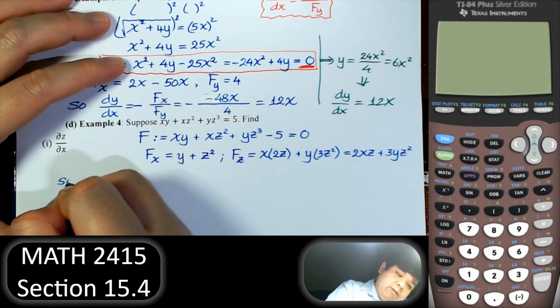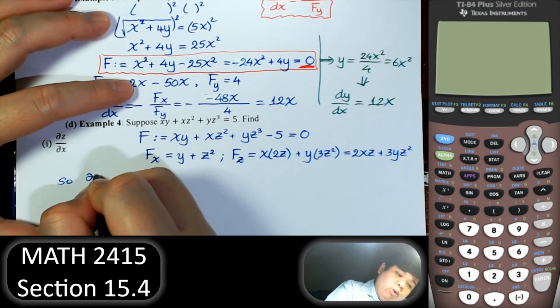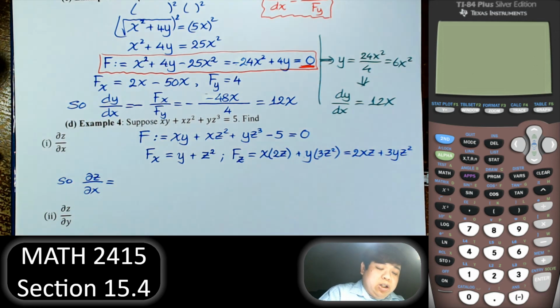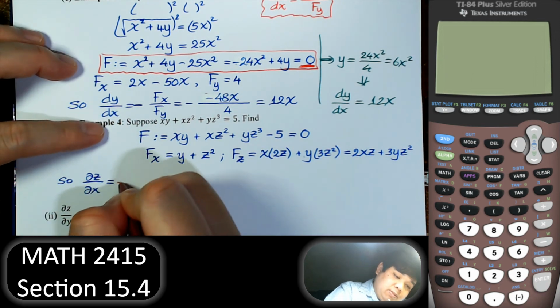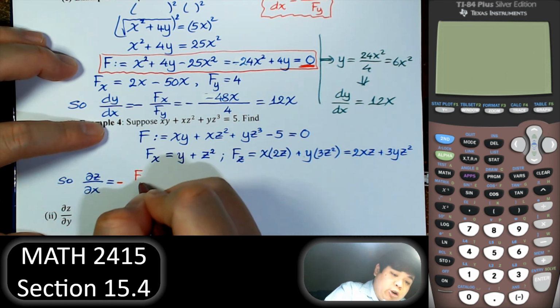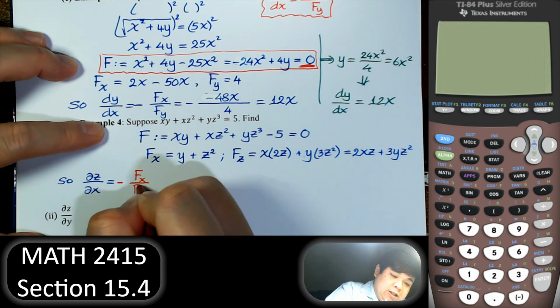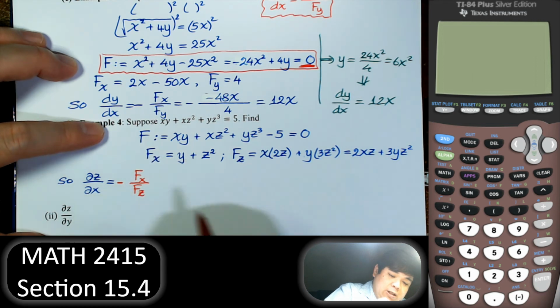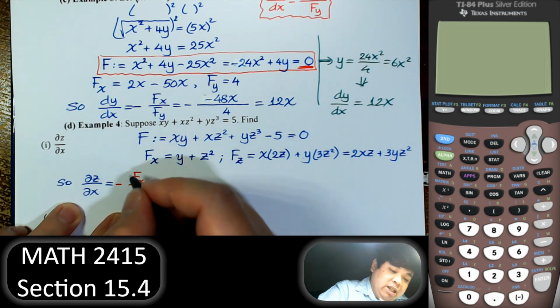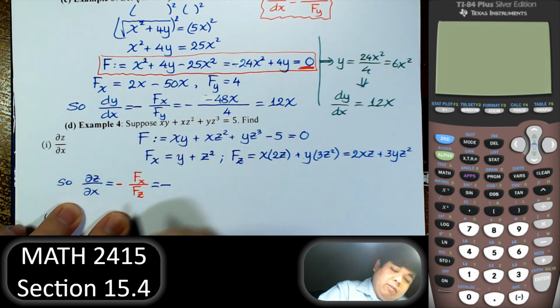So we have partial derivative of z with respect to x according to the implicit differentiation will be negative. Make sure you switch the variable. So z over x, x over z, but with the negative. Right.